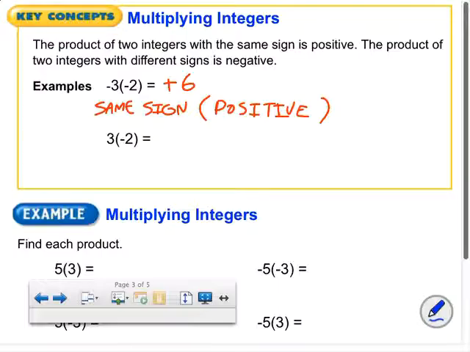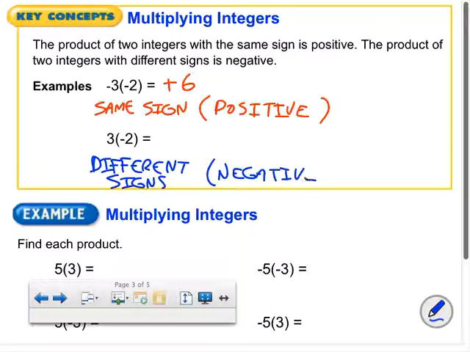If I have different signs, my answer sign is going to be what? Negative. So what's the sign of this 3 right here? And then what's the sign of the 2? So what's the answer sign? Negative. And 3 times 2 is what? 6. So the answer is negative 6. Do you guys see how this works?